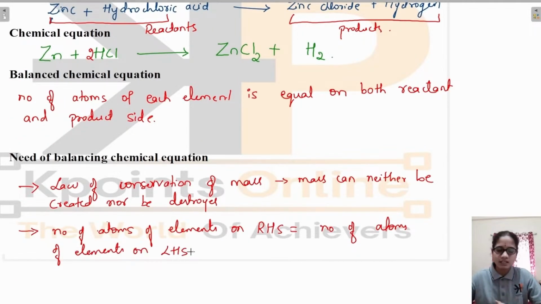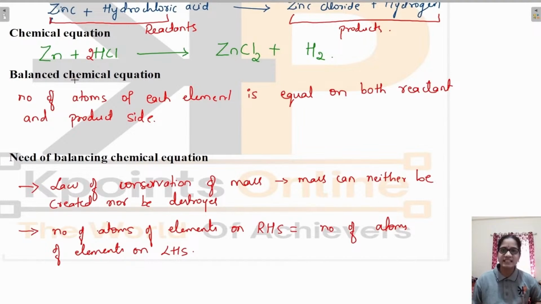This may be asked in your examination: what is the need of balancing a chemical equation? It is due to the law of conservation of mass, so that the number of atoms of each element on the reactant side and product side must be equal to one another. And also in a balanced chemical equation we will represent the state symbols.